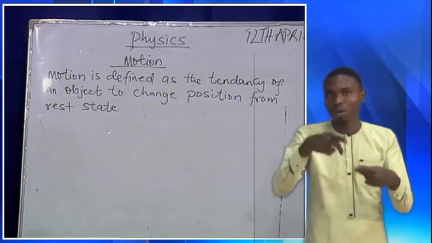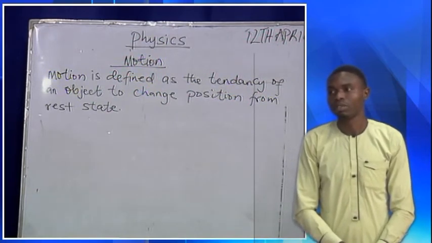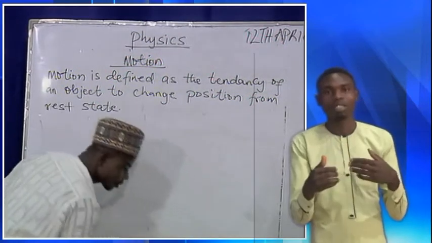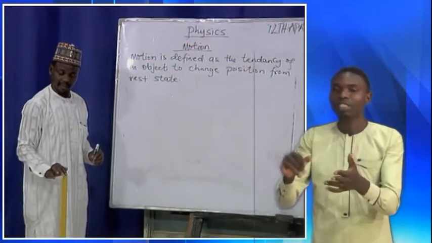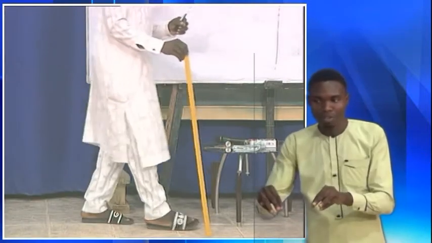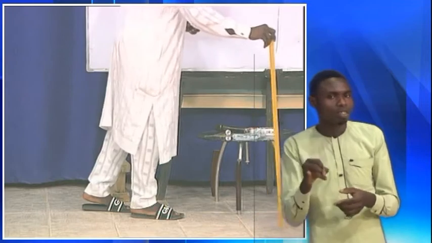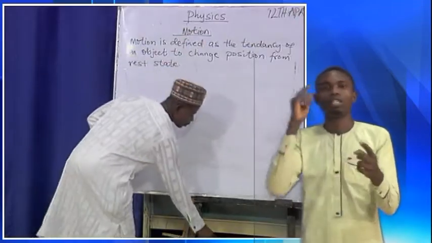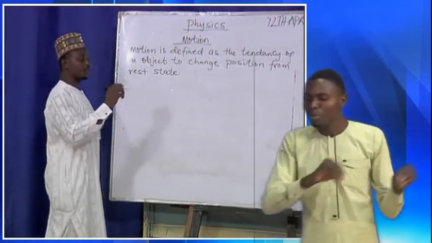Look at it. This is an object. Here it is in rest state. So if this object is changing position, what am I using? I'm using force, pushing force to move this object. And this is motion. So motion is the tendency of an object to change position from rest state.